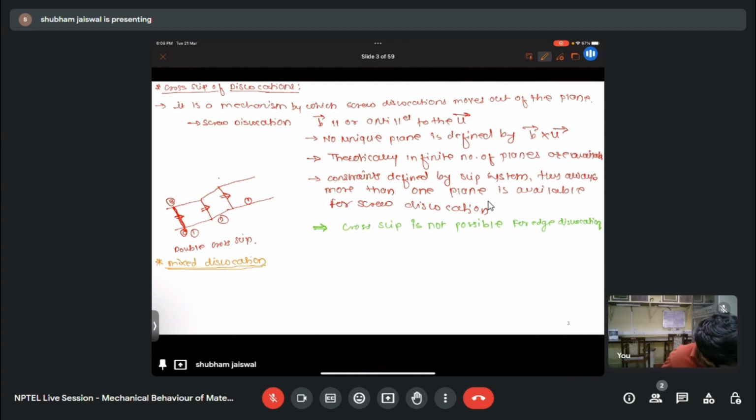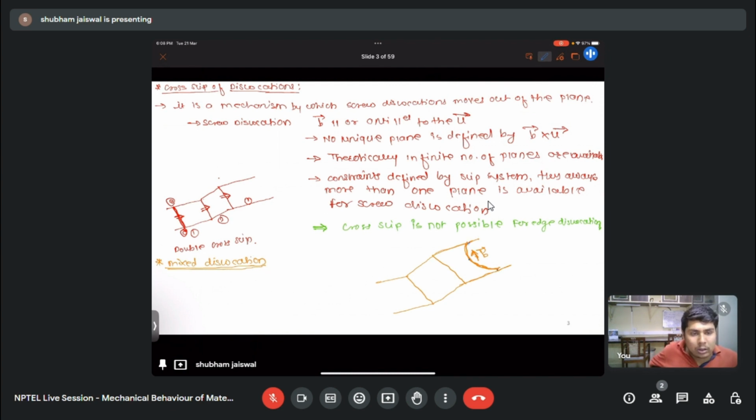Let us consider this is one plane and this is the second plane. Here we have the mixed dislocation. It is curved and the direction of the Burgers vector is this. At this point it has screw character, and here it has the character of edge dislocation.